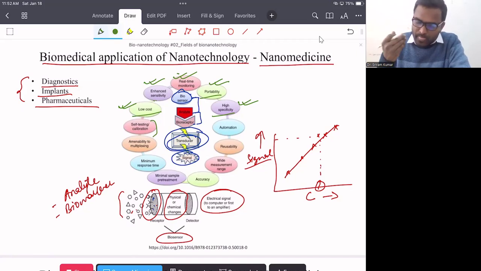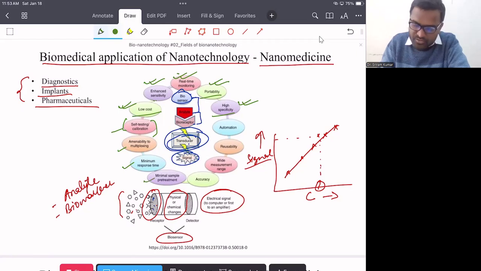Before application of any kind of sensor, we need to do the calibration. So if that sensor has the capability to do self-calibration, that is very good. The other points are minimum response time, and multiplexing, so that we can use it multiple times.